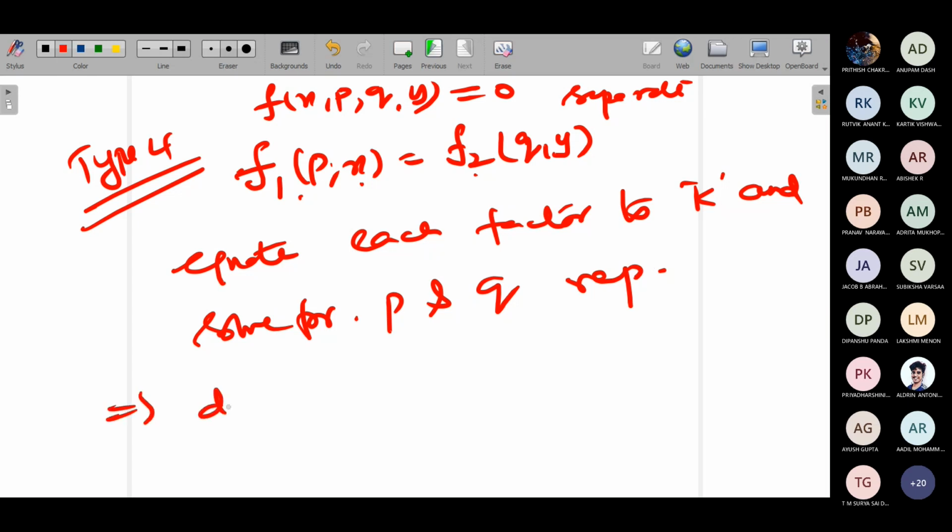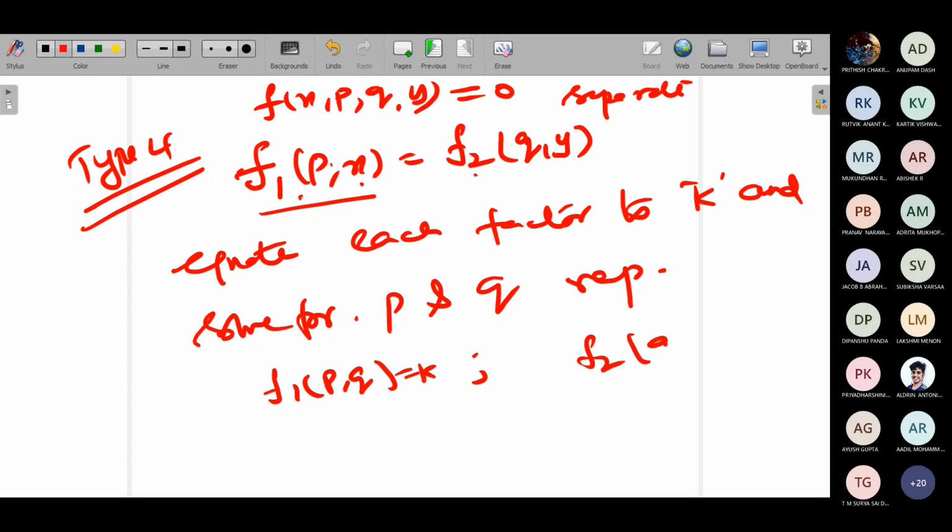So therefore, your dz will be equal to p dx plus q dy. Wait, I didn't solve that yet. When I solve this, I equate f1 of p comma x is equal to some k and f2 of q comma y is equal to k. I'm solving for p and q.